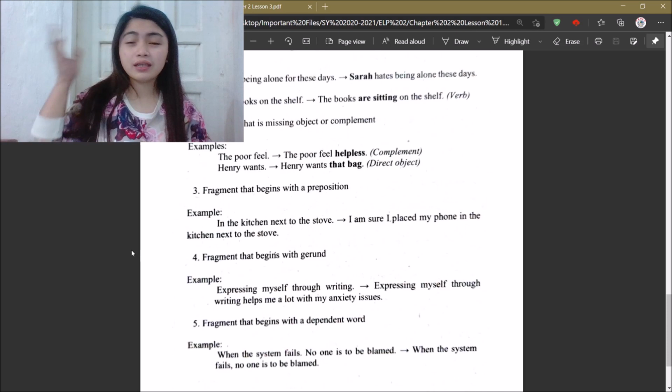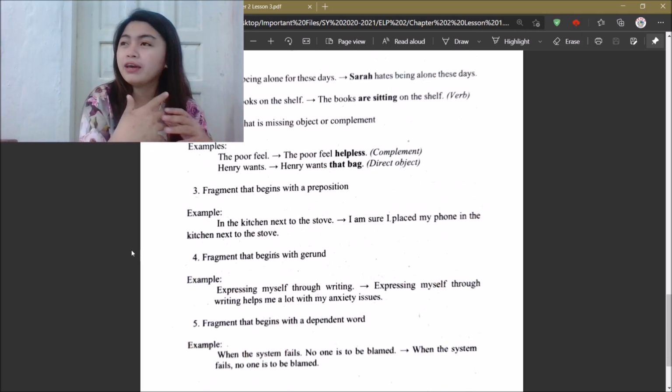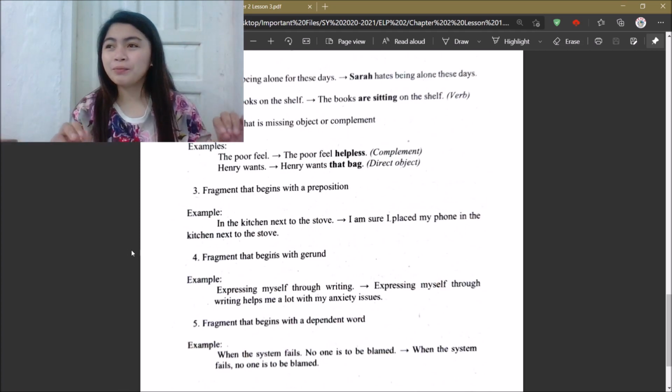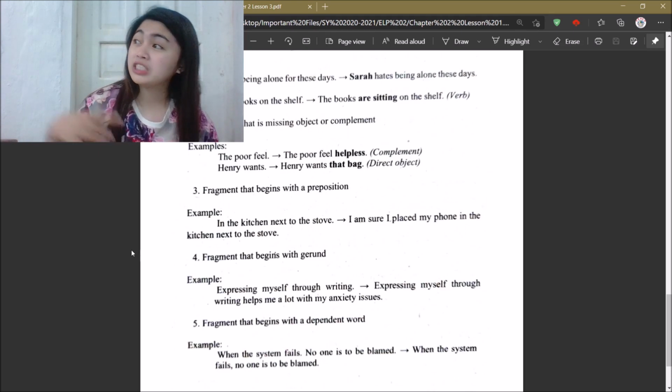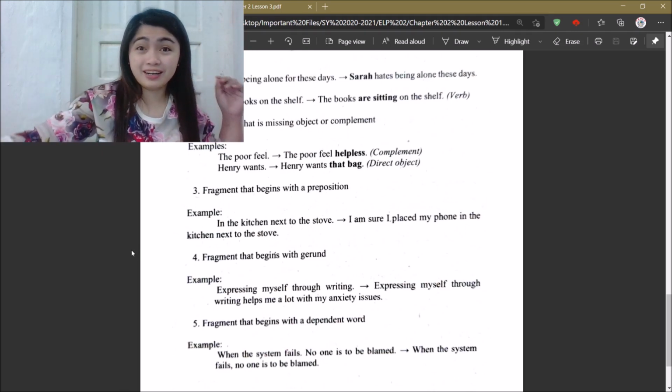So, chismis is a good example of a fragmented sentence, right? Minsan, may pinag-uusapan tayo, pero hindi natin sinasabi yung subject of the sentence. And pwedeng mag-assume yung iba na, ay, siya yung pinag-uusapan niyan. Ay, ito yun. So, nagkakaroon ng barrier.